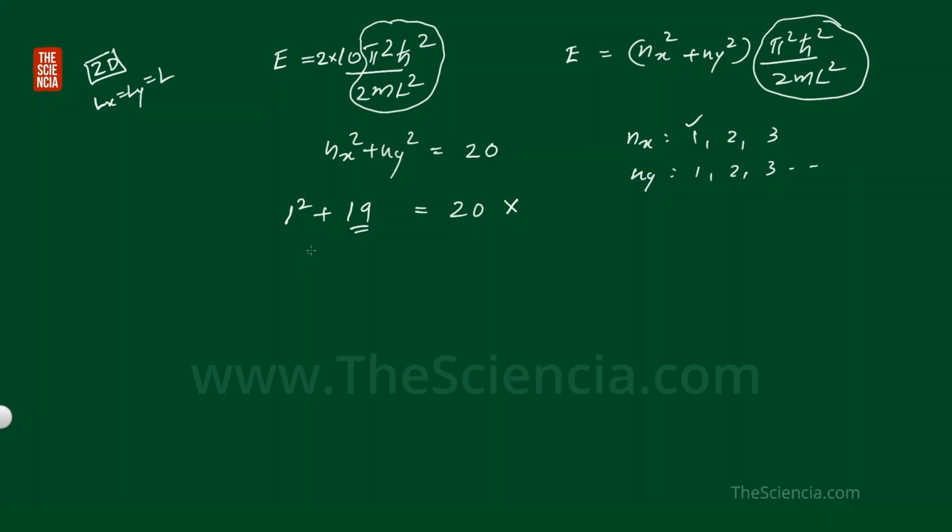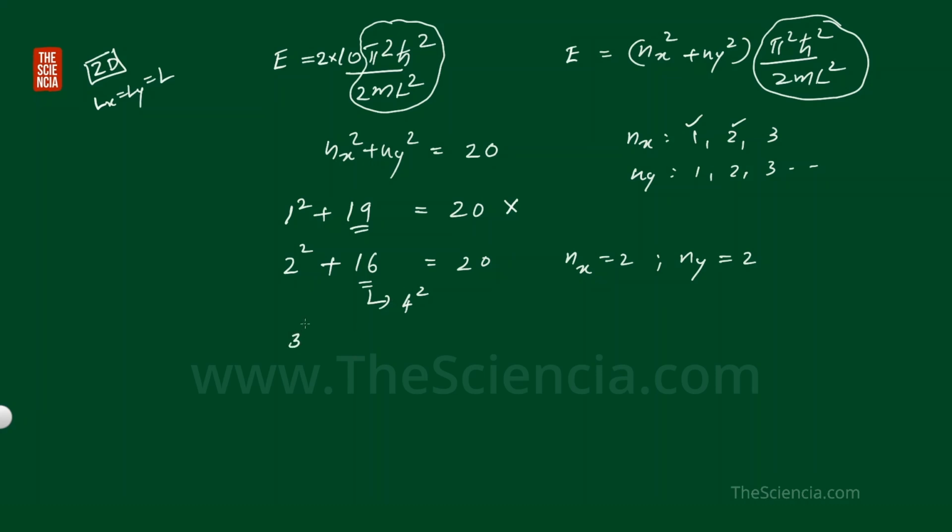Next we can take nx value 2, that is 2 square, that is 4, plus 16 will give 20. 16 is a perfect square, that is 4 square. So nx equal to 2 and ny equal to 4, then you will get the value corresponding to 20. Now let us check other combinations also.